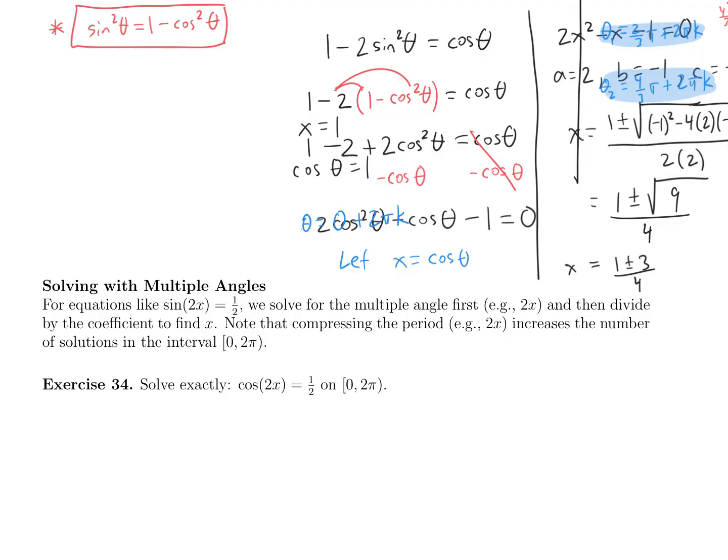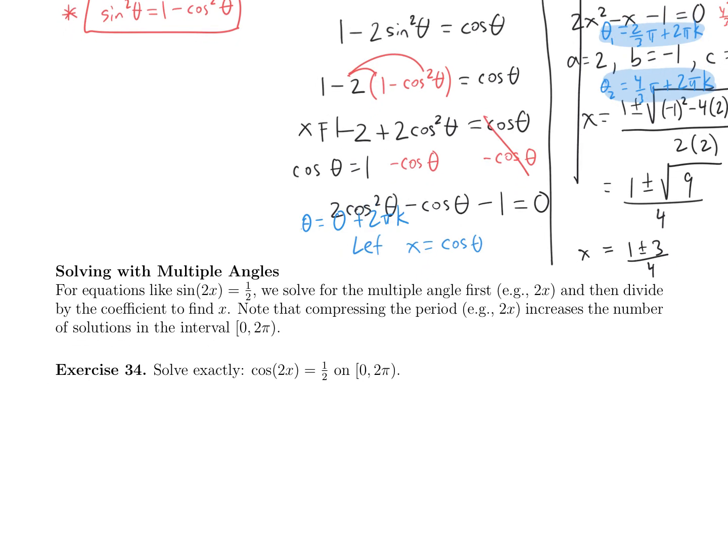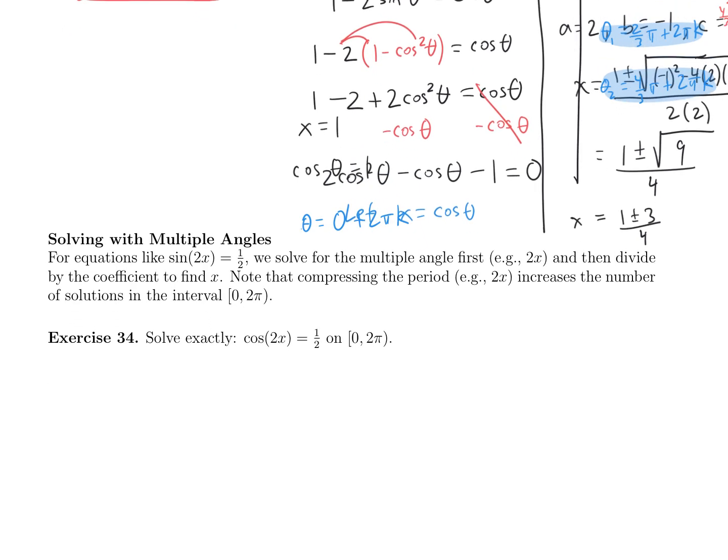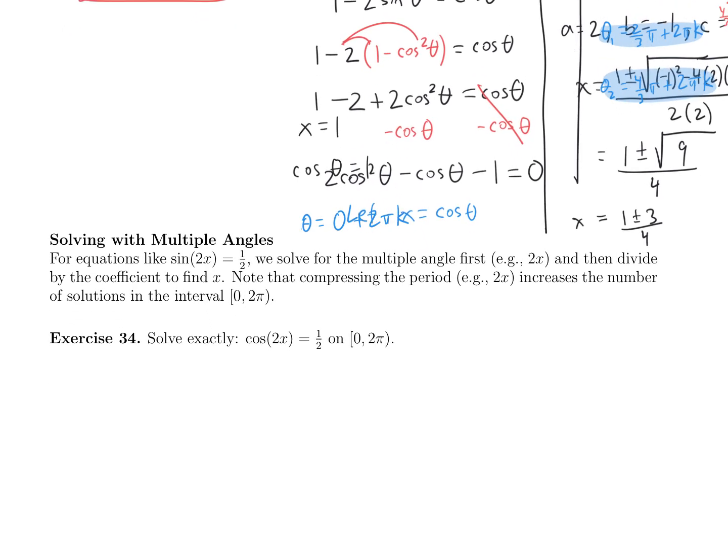Okay, so for this problem, in this type of situation, when you just have a single trig function, you don't need to use a double angle formula. You can just go straight to the unit circle. After you've isolated the trig function, which it already is, you can look for what angles have a cosine value of 1/2.